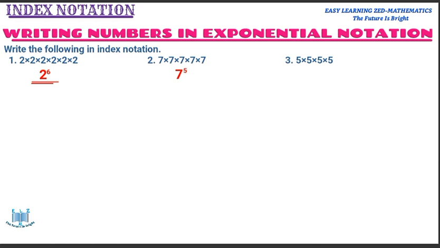Writing 7 multiplied by 7 multiplied by 7 multiplied by 7 multiplied by 7 in index notation will give us 7 raised to the power of 5. And that is the answer.